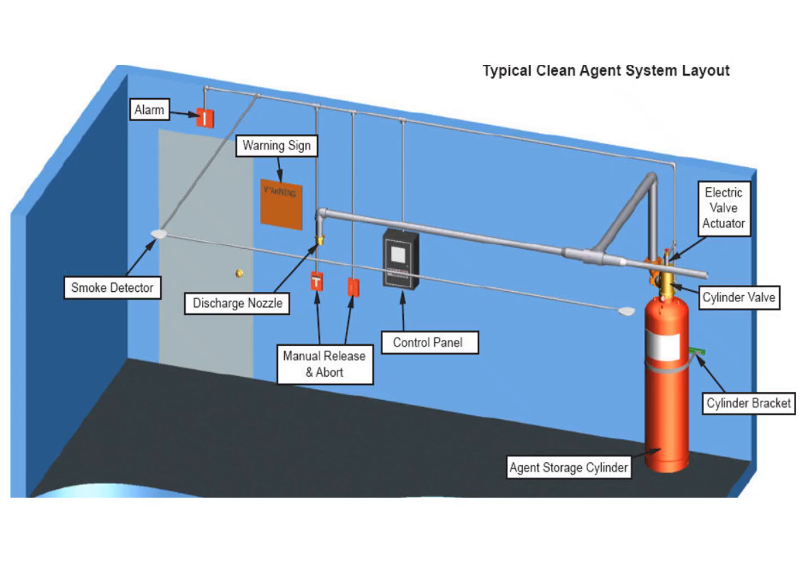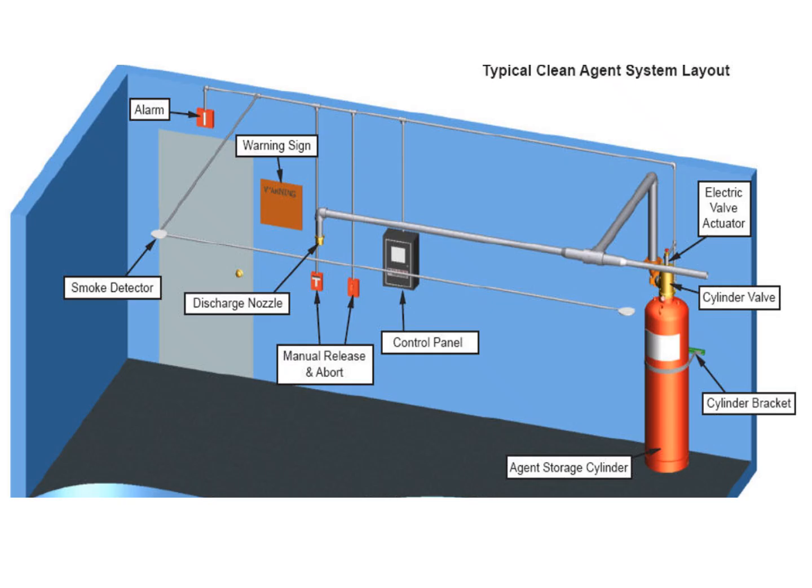Friends, the isometric view provided in this slide shows a typical clean agent system layout. You have a clean agent cylinder, and you have a nozzle or a series of nozzles. Only one nozzle is shown, and the remaining are the support systems.